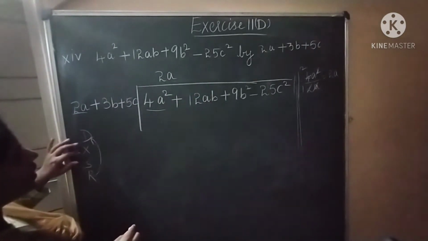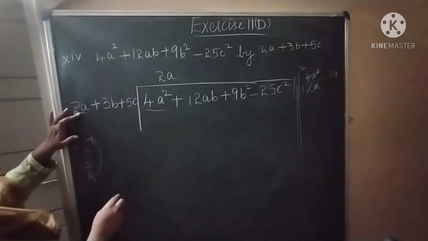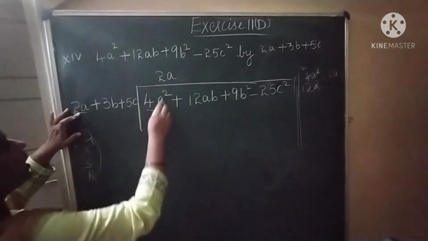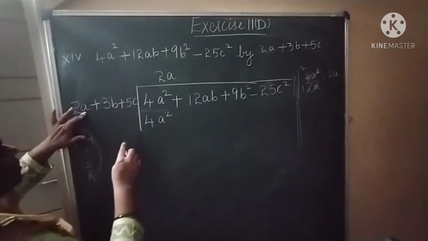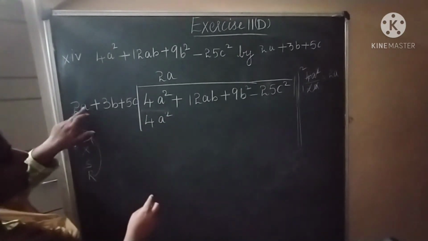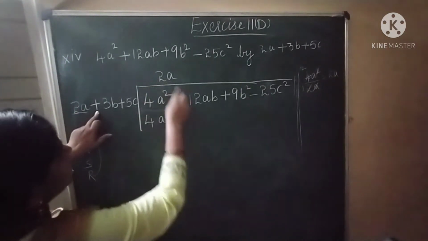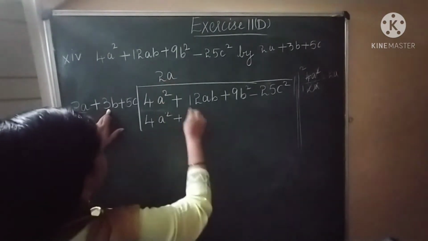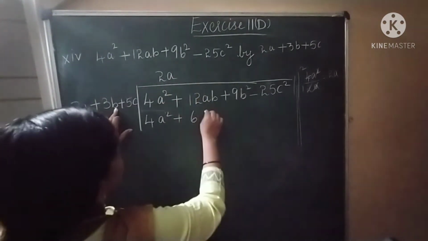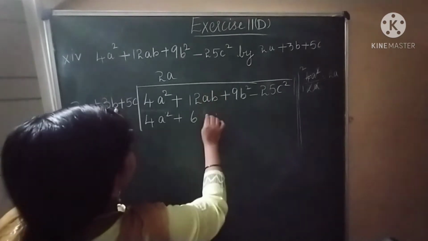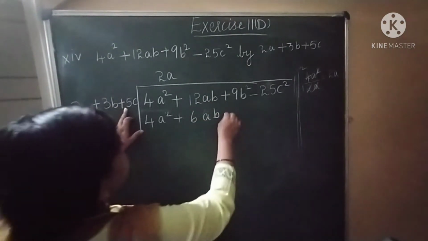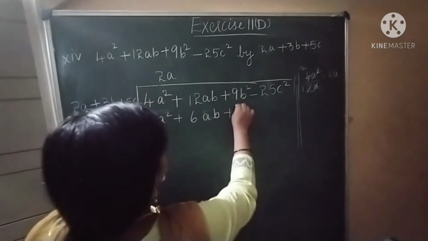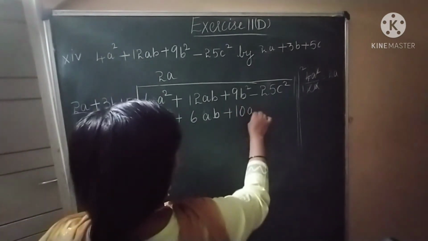Next we have to do multiplication. 2a into 2a gives you 4a square. Then next term, plus into plus is plus, 3 into 2 is 6, b into a is ab or ba is the same in multiplication. Then plus 5 2s are 10, 10ac.